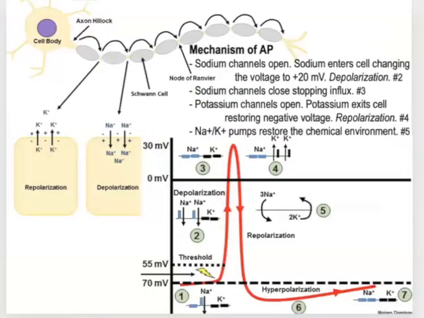The cool thing about that is you want events in the body that have to take place rapidly to be passive events like this. Setting them up is okay to have done actively with the pumps, moving these chemicals across so we can reestablish the chemical environment so we can send the next impulse. But the impulse itself has to be a passive event so it can be so fast. And that gets kind of confusing there.